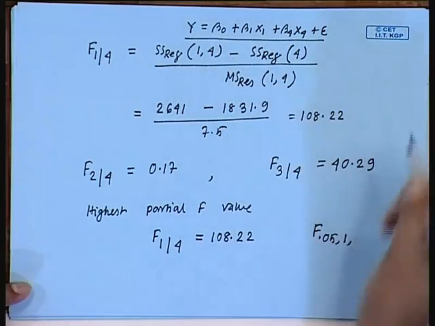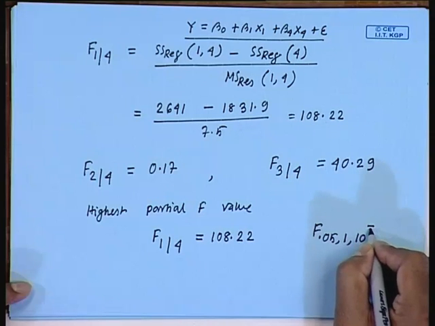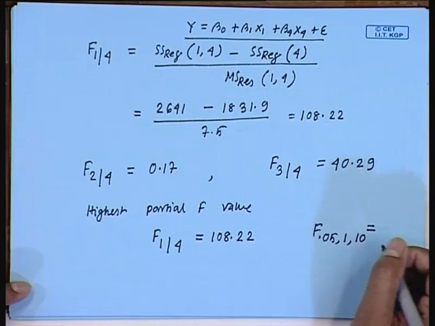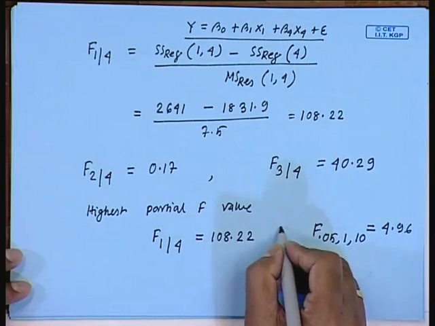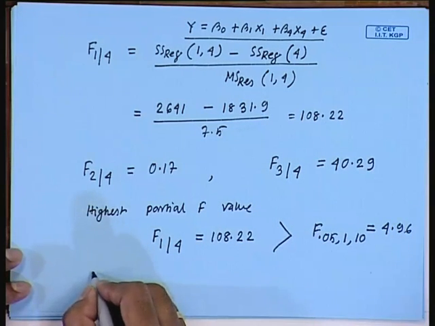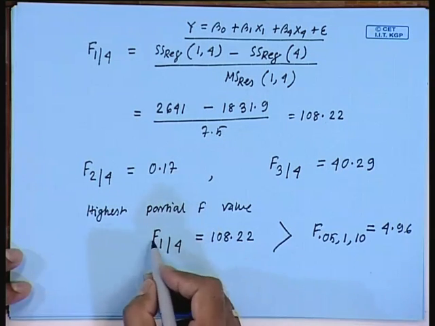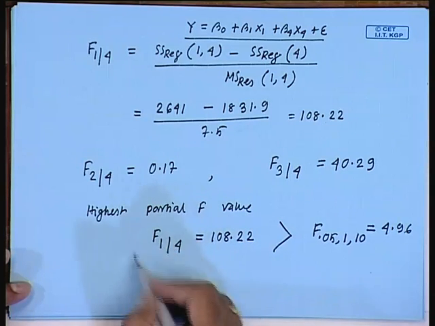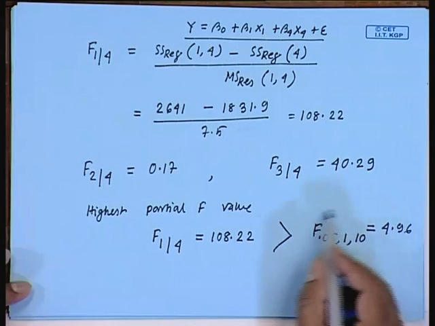So 13 minus 3, that is 10, that is the residual degree of freedom, and this value is equal to 4.96, and of course F1 given 4, which is 108.22, is larger than the tabulated value.